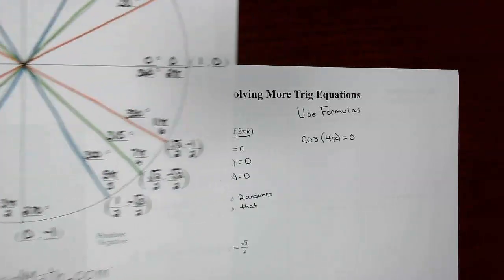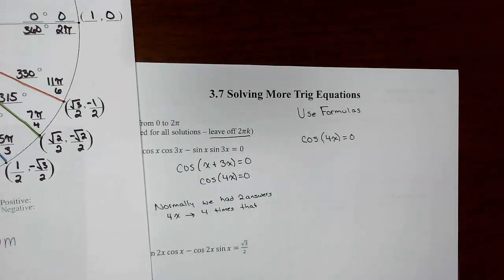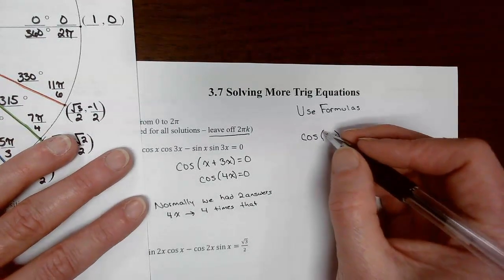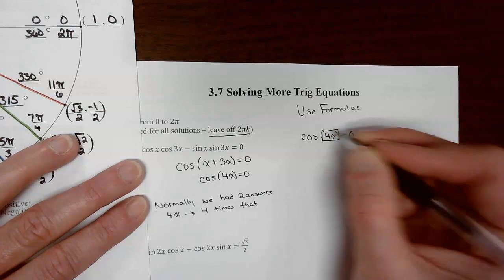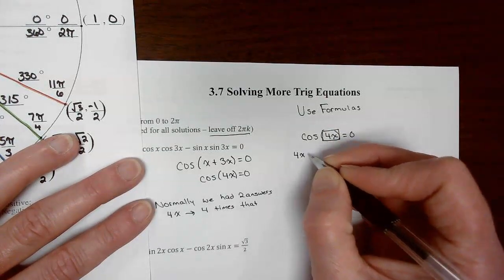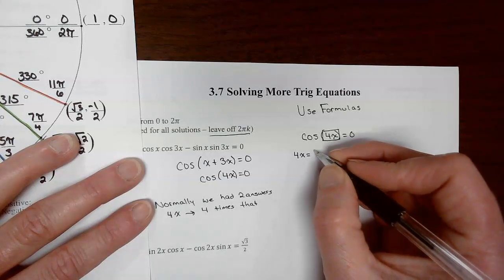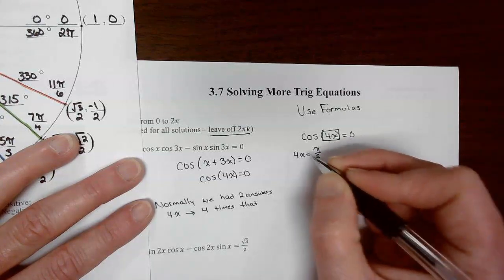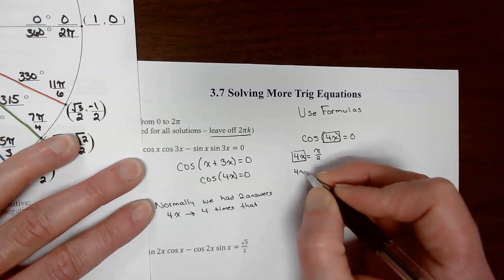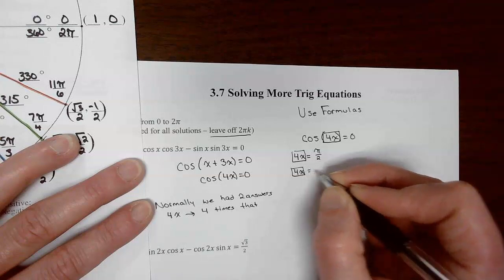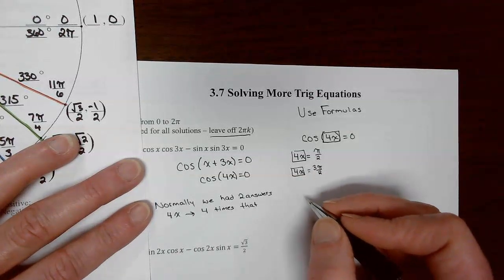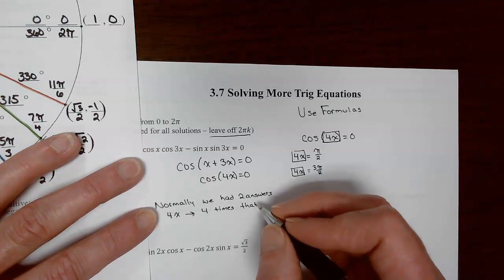But I told you we're going to have 4 times the number of answers. So what I'm going to do is take what's in here and set it equal to the first answer choice, pi over 2. And then the next answer choice. And guess what? How many am I going to have? Normally we have 2.